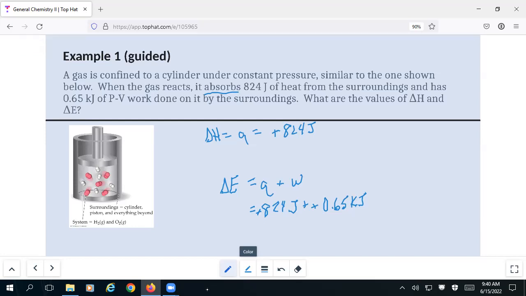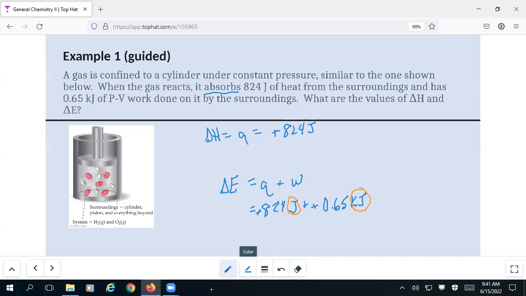Now, before we just add these together and call it a day, we've got to understand we've got a unit mismatch here. We've got joules here and kilojoules here. So before I add them together, I've got to get them on the right unit. As I've mentioned before, I feel like it's easier to go from kilojoules to joules by multiplying rather than dividing.